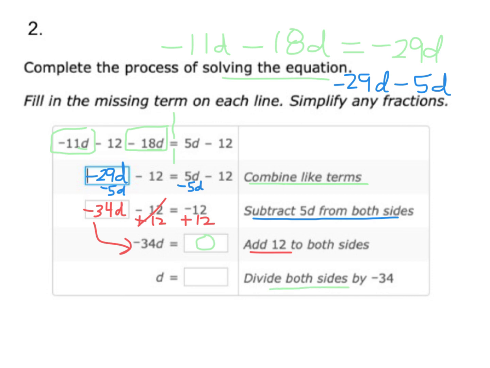And then my final step is to divide both sides by negative 34. So divide by negative 34, divide by negative 34, and 0 divided by negative 34 is 0. So my final answer is 0. So if I'm looking back at these boxes, I should have negative 29D in there, negative 34D in there, 0, and 0.